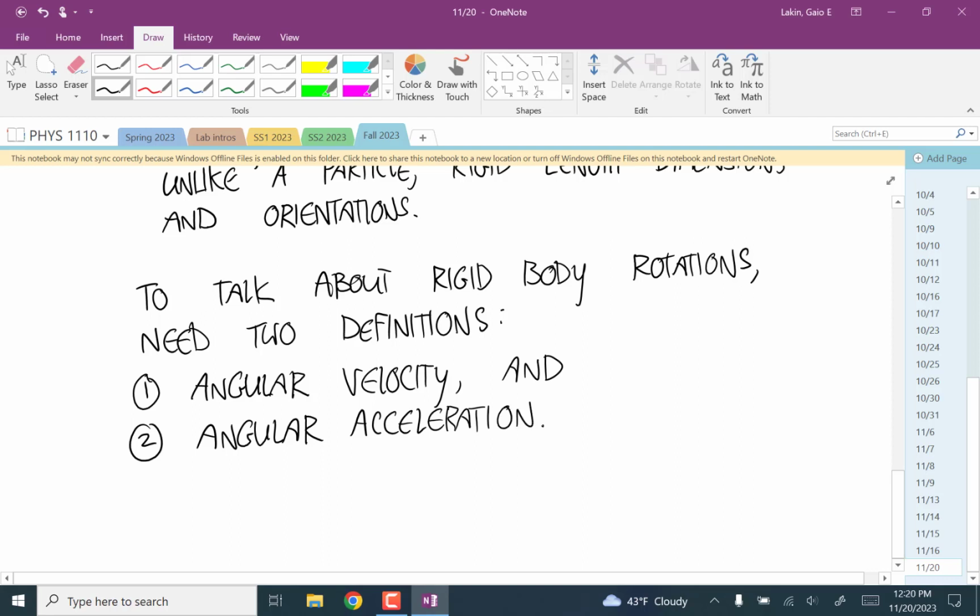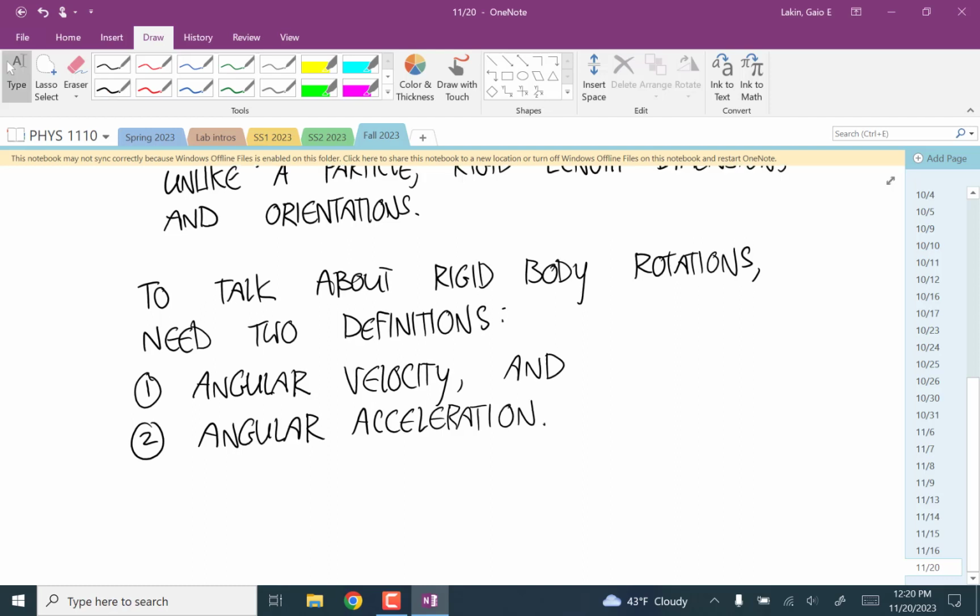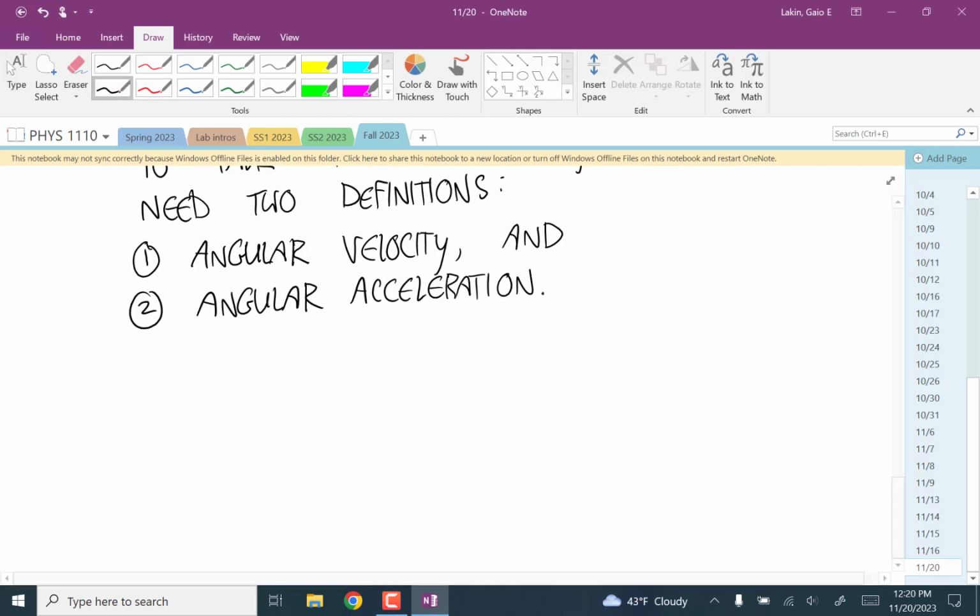Okay, so I'm going to start by defining those two things and giving some relationships that you can always use between angular quantities and the quantities like velocity and tangential and centripetal acceleration that we're used to. So I'll start with angular velocity.